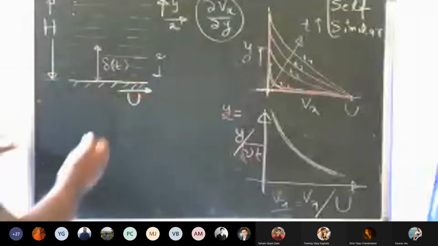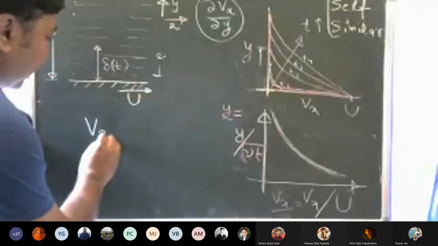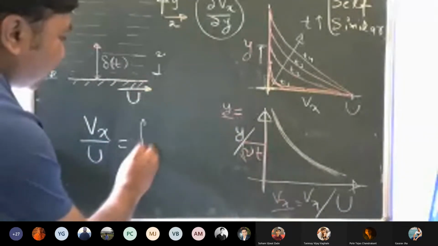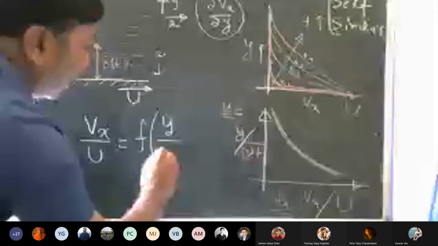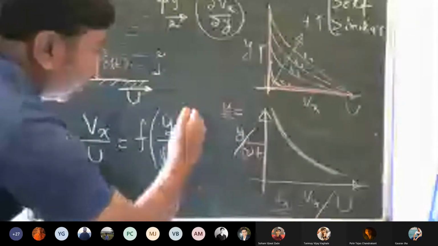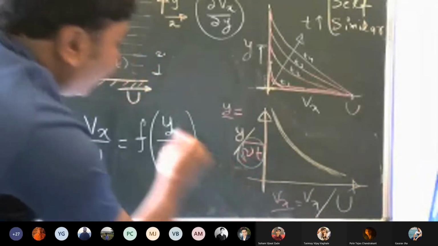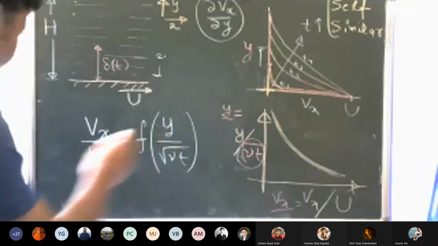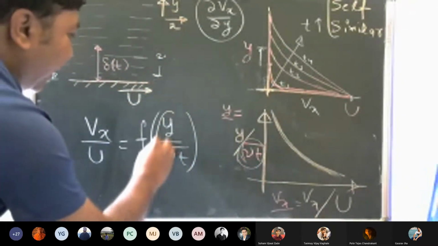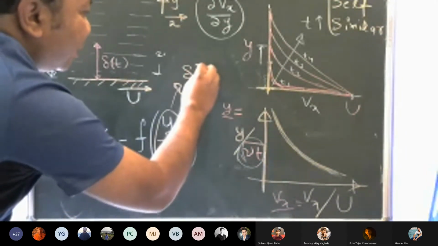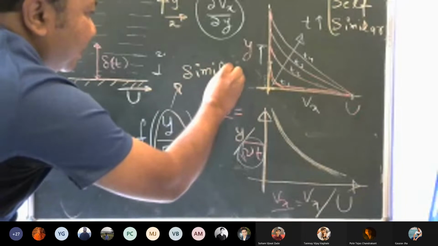Yes, it is true that we can say Vx by u is a function of delta, which is y by, not delta, this is eta. y by root nu t, and this variable is typically named as similarity variable, because the curves are self-similar.